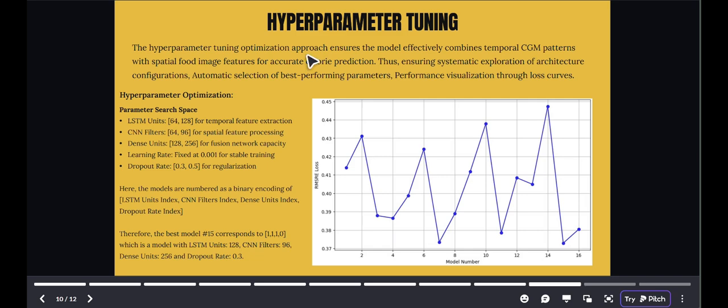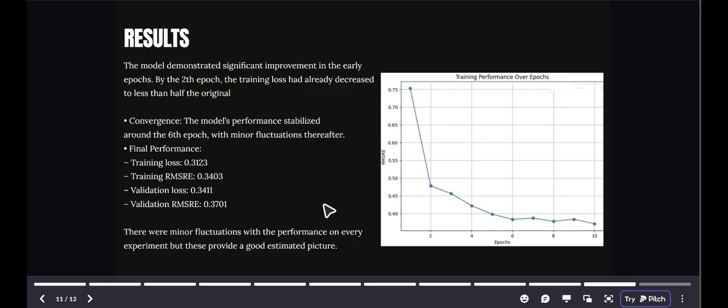This parameter search space optimization ensured an effective combination of temporal CGM patterns with spatial food image features. Now let's talk about the results.